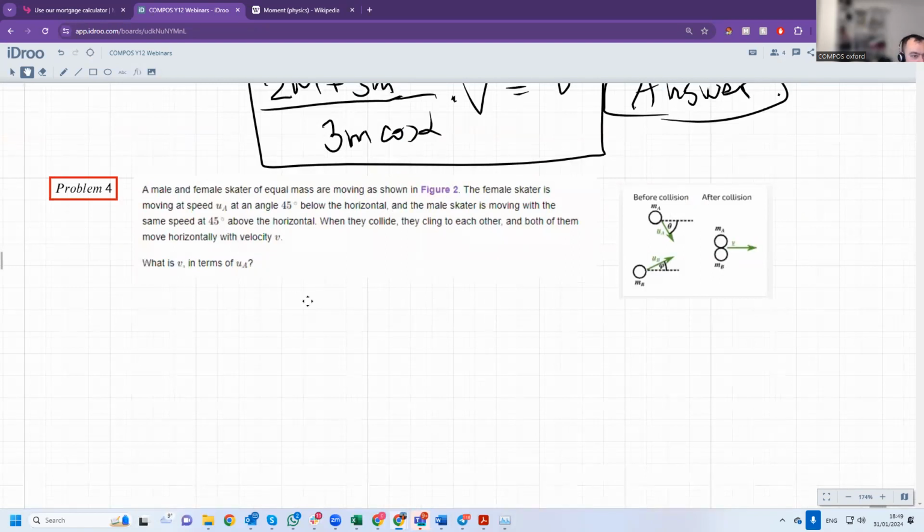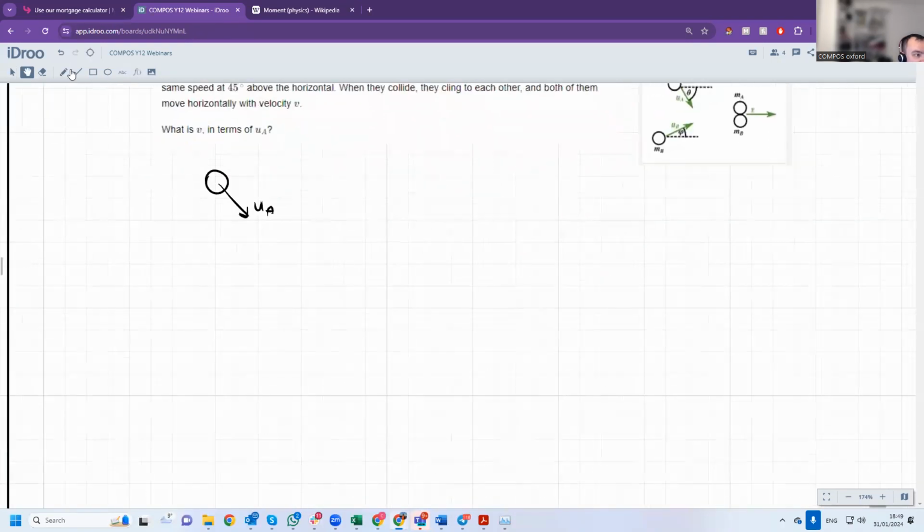It's quite straightforward. Both of them are at 45 degrees, so that makes life easier. We have the female skater traveling at velocity UA, and we can immediately split that into horizontal and vertical components. The horizontal is UA cos 45, and the vertical is UA sine 45.